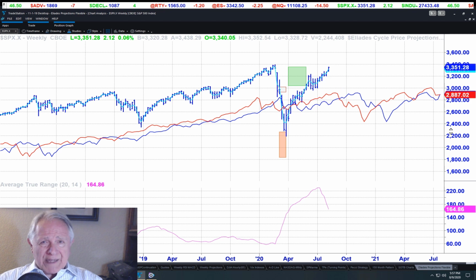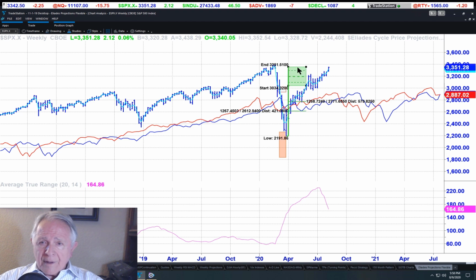Okay, I'm going to show you something interesting here that I don't think we've looked at before. I don't know why. Maybe way back in March we might have looked at it, but I don't think we've looked at it since the rally began, and this is interesting. This is a 100 to 110 week offset. We use those for nominal 4-year projections. These are long-term projections, okay? But look at this. Let's extend this to the right so you can take a look at that.